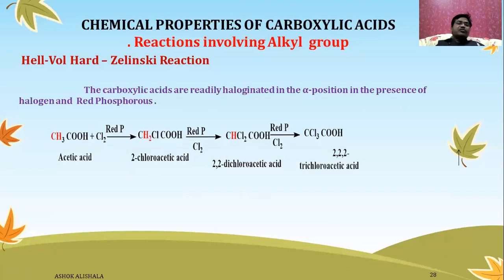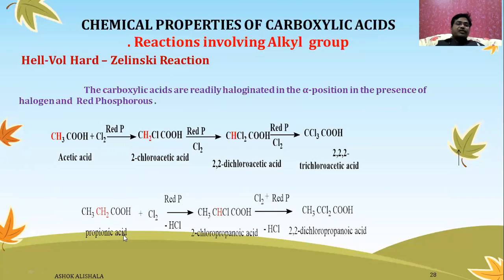And one more example: if you take propanoic acid and treat it with chlorine, there are 2 alpha hydrogens, and in the first step one is substituted and you get 2-chloropropanoic acid, and then one more hydrogen is substituted, and you will get 2,2-dichloropropanoic acid.